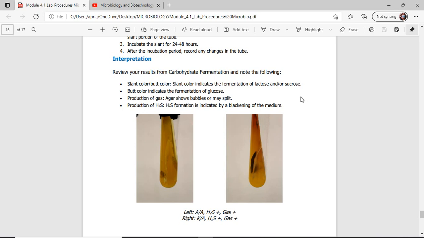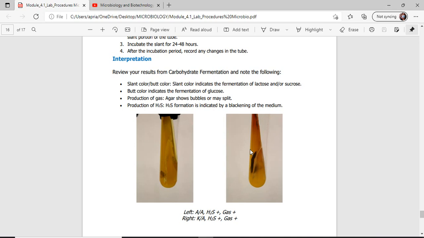Then, if may butt color, ang slant color, dili sa babaw, this is your slant. Then sa dalom, that is your butt. Kung may butt color, it indicates that it ferments glucose.